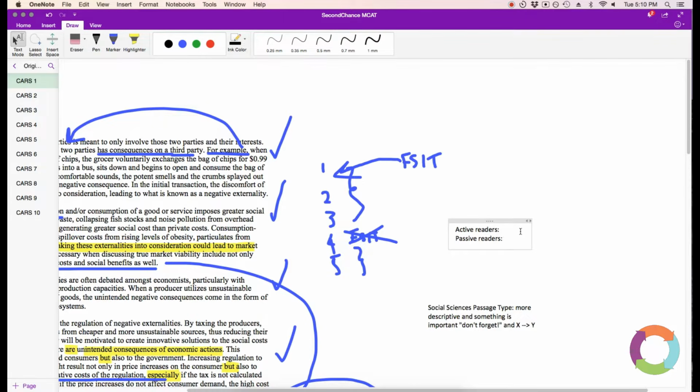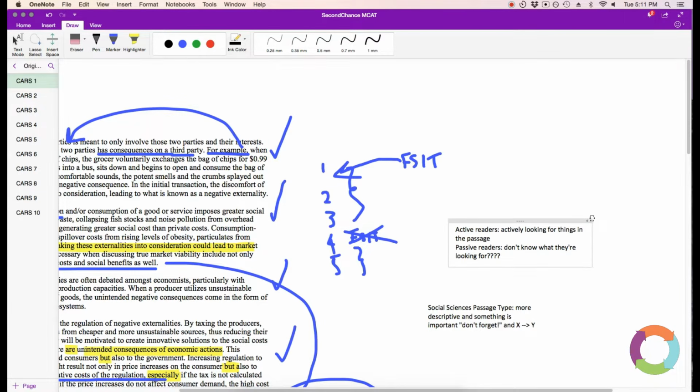Now, active readers are actively looking for things in the passage. Passive readers don't know what they're looking for, right? So who do you want to be?